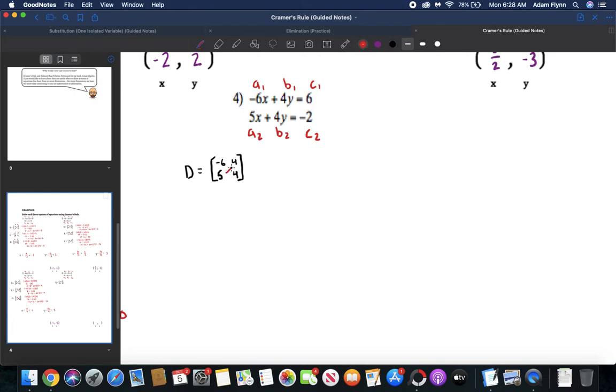I'll find the determinant. So I have -6 times 4 minus 4 times 5. -6 times 4 is -24.